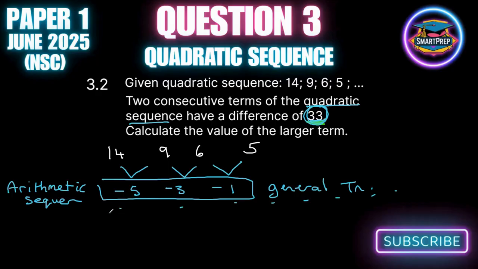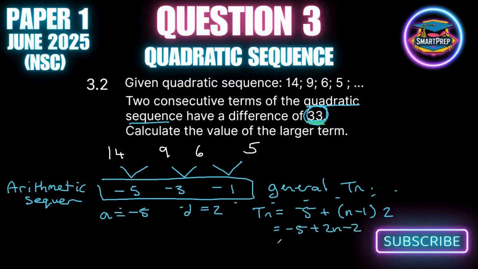So we know that our a is equal to -5 and our difference is equal to 2, because -3 minus -5 is 2. And so we get Tn is equal to a, which is -5, plus n minus 1 times the difference of 2. So we get -5 plus 2n minus 2, and so we get 2n minus 7.